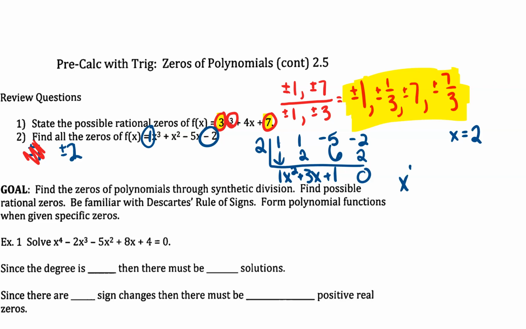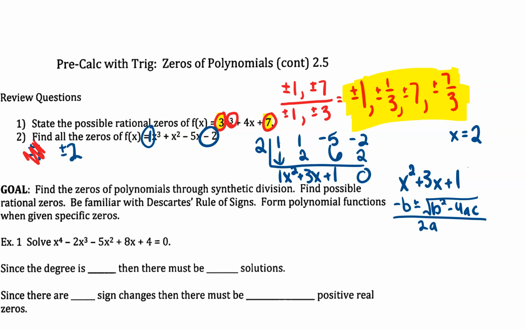So we have x squared plus 3x plus 1. But nothing multiplies to give us 1 and also adds to give us 3, which means this isn't going to be factorable. So I am going to solve this using the quadratic formula. Remember, the quadratic formula is -b plus or minus the square root of b squared minus 4ac all over 2a.